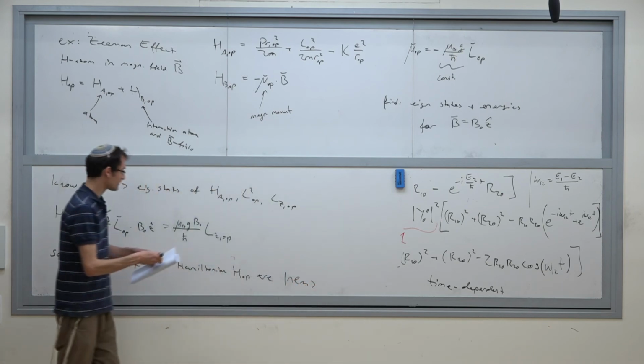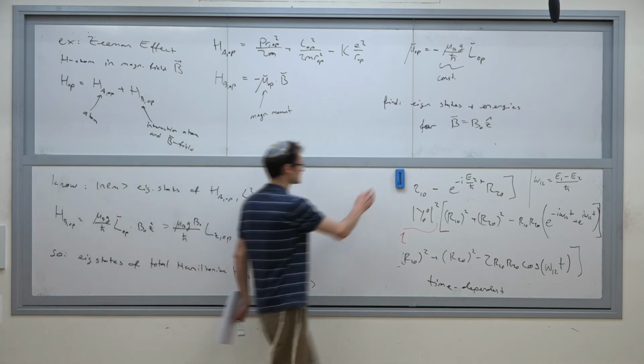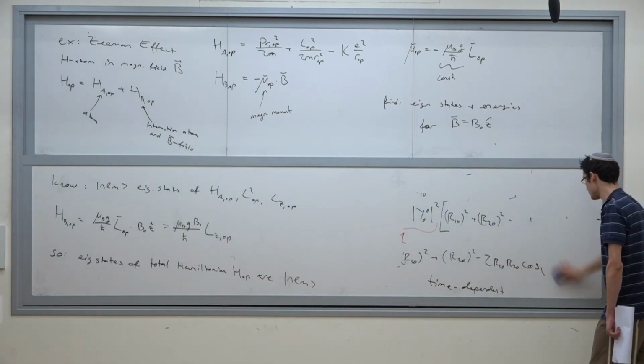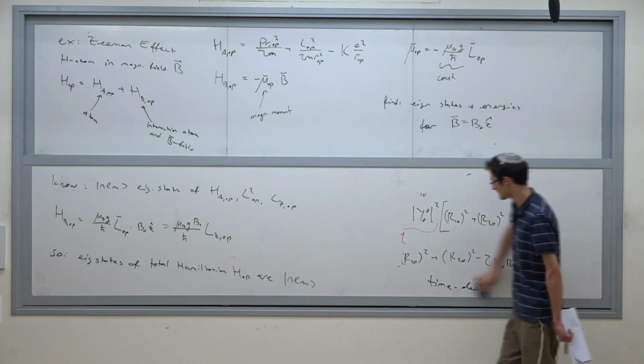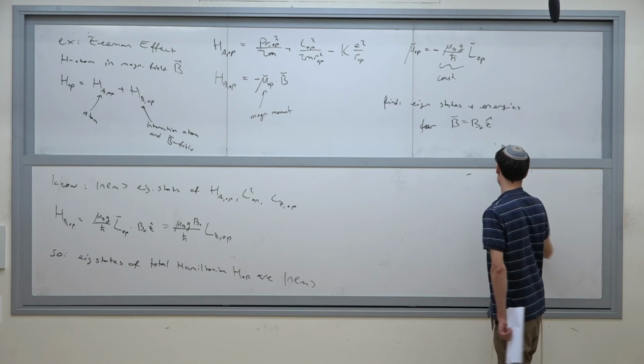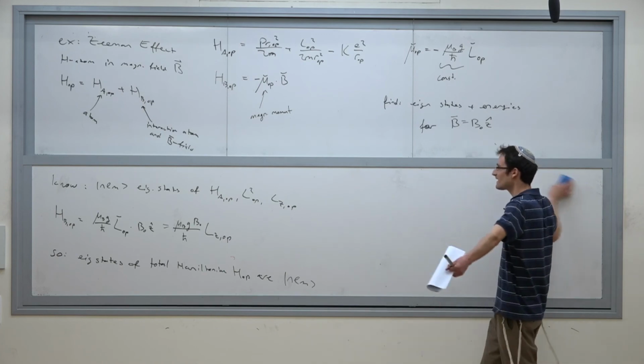That was easy. All we have to do is find the explicit expression for the Hamiltonian, and now we can find the spectrum. So we can find the eigenenergies by simply applying the Hamiltonian on these eigenstates. And whatever comes out, these are the energies.